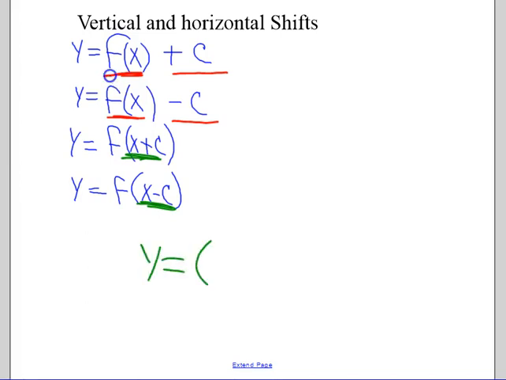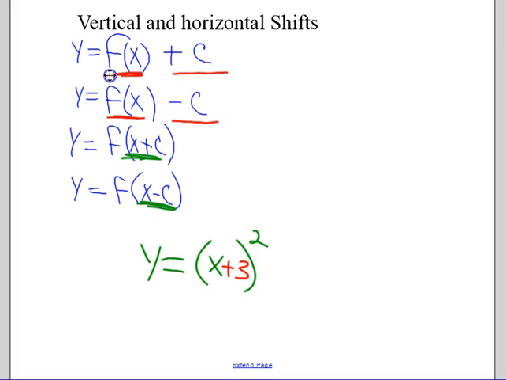If I had y equals x squared, putting a plus 3 out here versus putting a plus 3 in there does different things to the function. Just be able to glance at it and go, that's what happens.